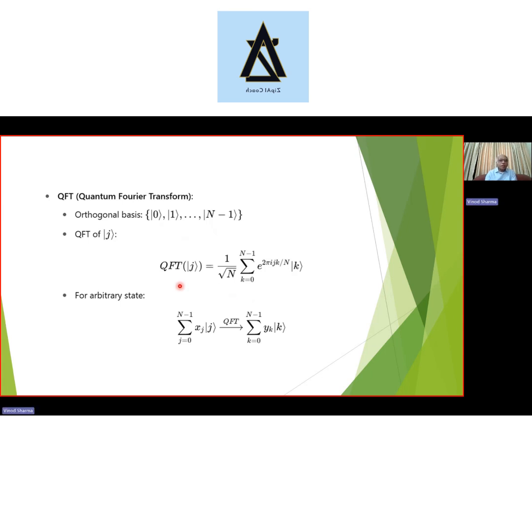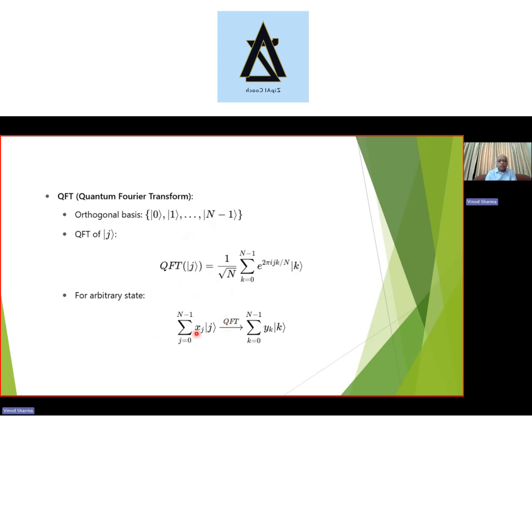Now, once we have taken the QFT of any of these basis vectors, then we can easily find the quantum Fourier transform of any arbitrary vector. This is sigma j equal to 0 to n minus 1, xj |j>. And of course, for it to be a state, the summation over all j of mod xj squared should be equal to 1. So for this arbitrary vector, the QFT can now be easily computed, because QFT is a linear mapping.